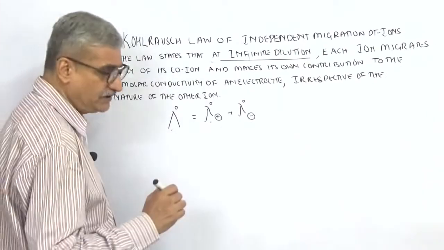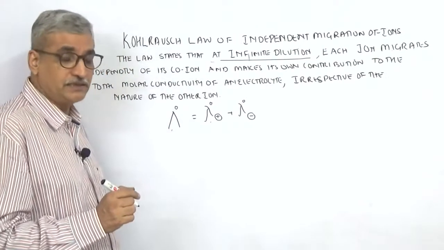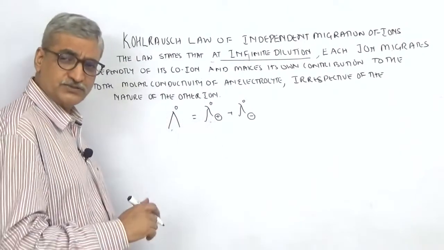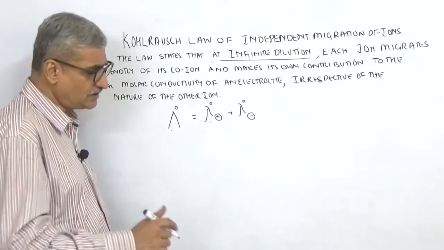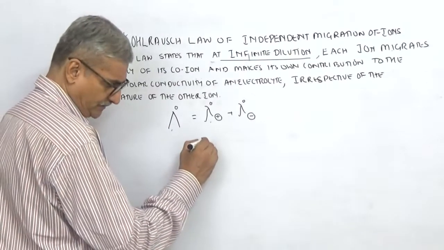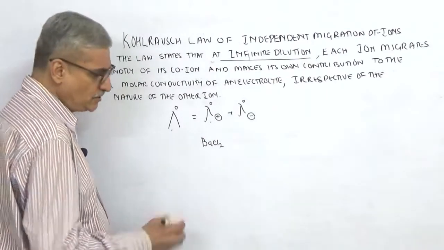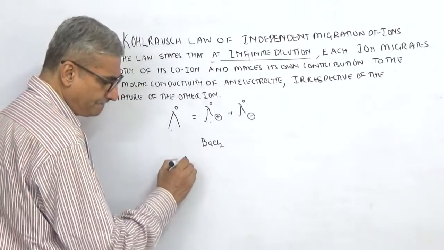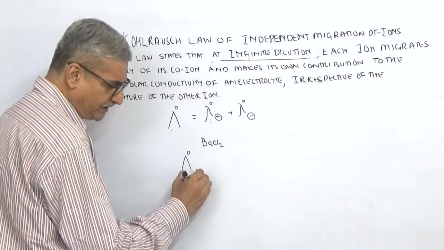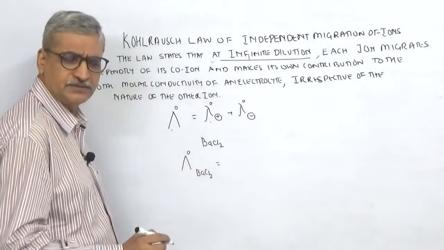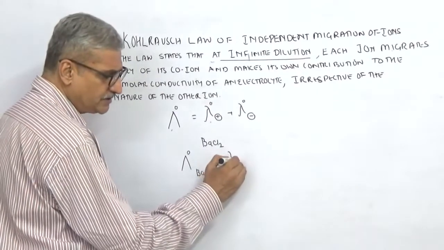What am I trying to tell you? I told you, molar conductivity at infinite dilution is very difficult to detect. Kohlrausch has solved our problem. What did Kohlrausch say? Look, suppose you have barium chloride. What is the molar conductivity of barium chloride at infinite dilution? We have standard values.